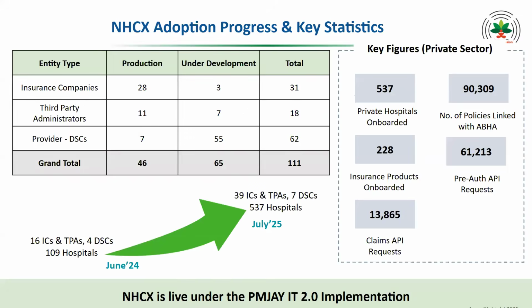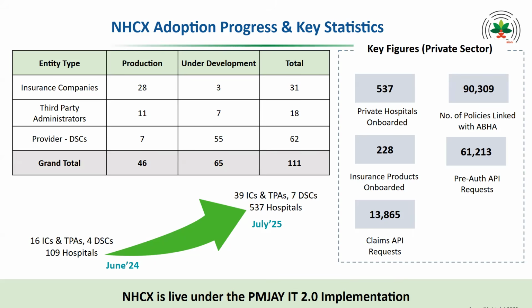One of the other things that I want to highlight, that some of you might not be aware of, and I've been asked this question multiple times by different people: is NHCX live or not? NHCX is very much live. We are processing claims through NHCX. Currently, we have 46 integrators on production. Out of 31 insurance companies, 28 are already live.